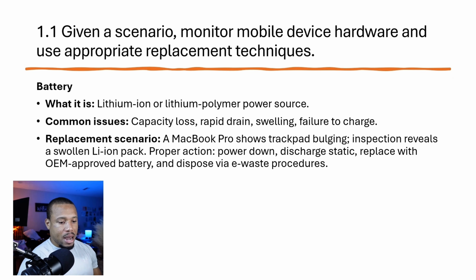Common problems are batteries that won't hold a charge, drain quickly, or swell. If you ever see a swollen battery, like when a laptop trackpad bulges, that's dangerous. The correct step is to power it down immediately and replace it with an approved battery. Remember, always use proper disposal and never puncture or throw lithium batteries in the trash.